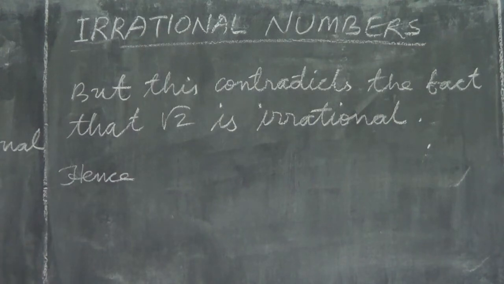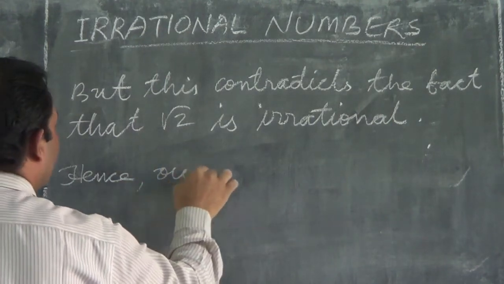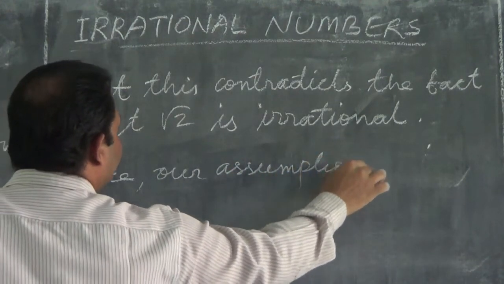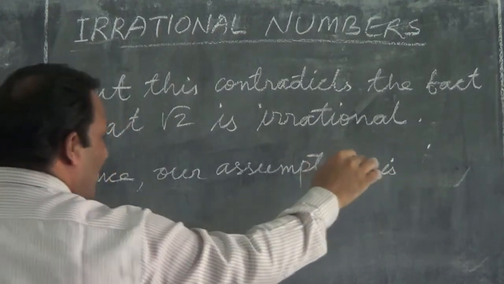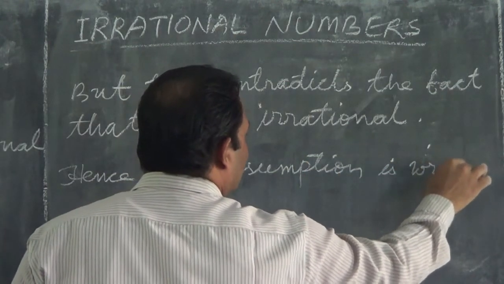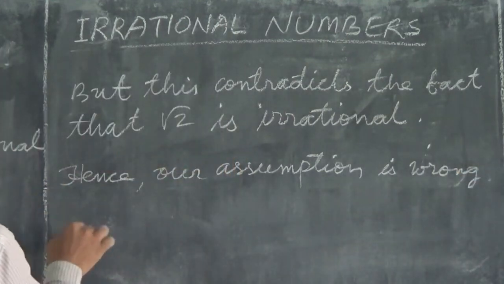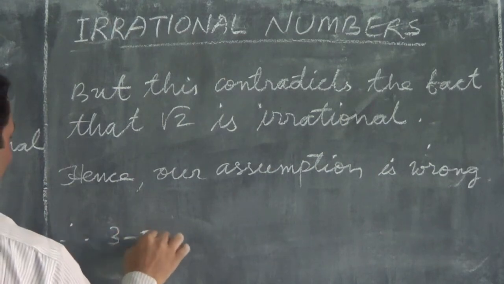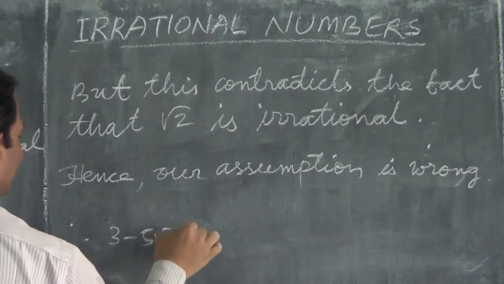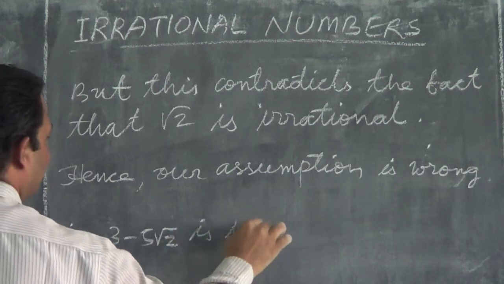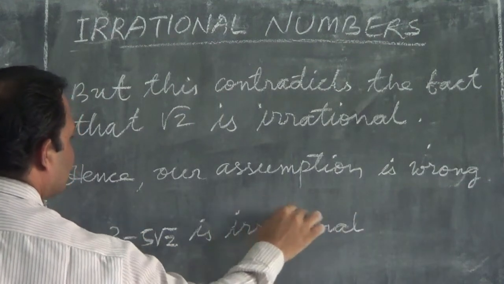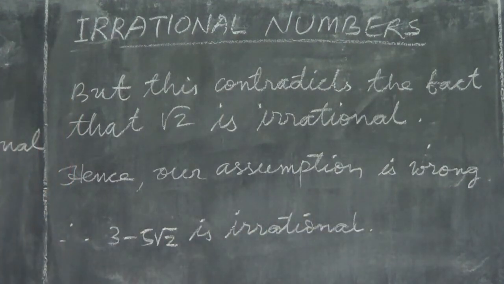Hence, our assumption is wrong. So we can write 3 minus 5 root 2 is irrational. So write it down. We can move to the next question.